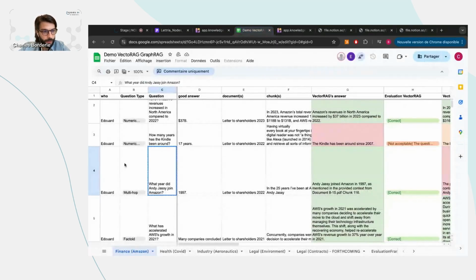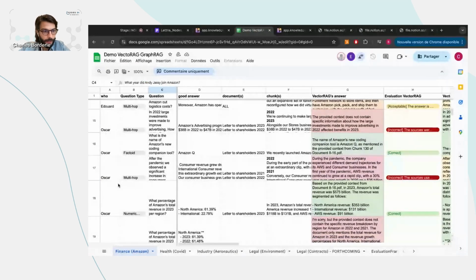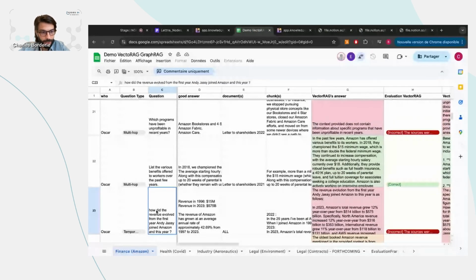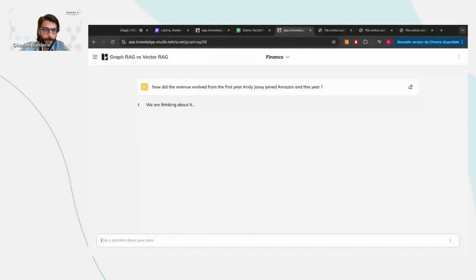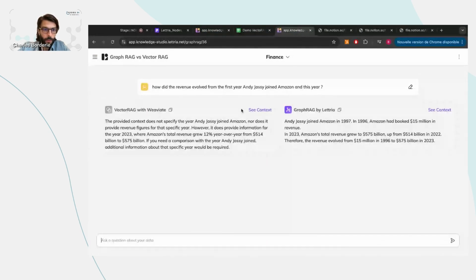I'm going to go for another question, because this one is also pretty interesting for the construction of the answer. What you can see is that here we are not able to retrieve the information, and thus we are not able to give the right answer.